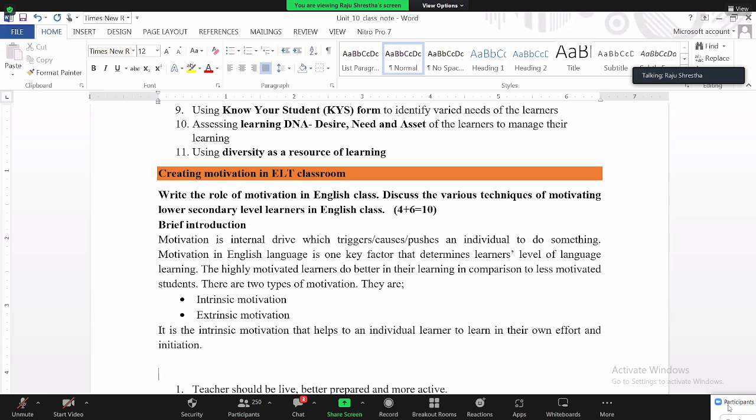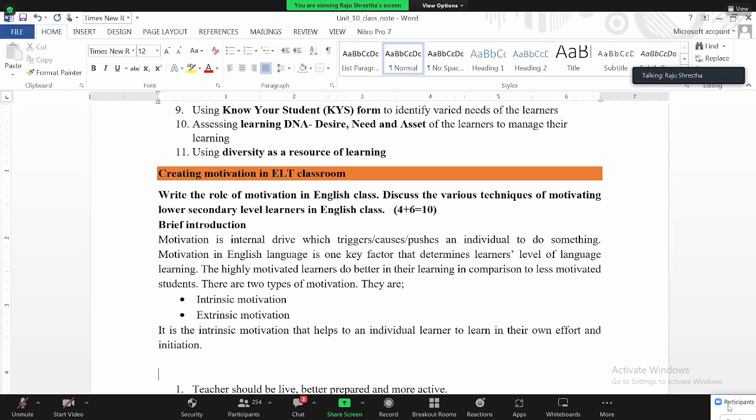So this is important. In extrinsic motivation, we provide some kind of physical rewards. Extrinsic is physical rewards, intrinsic is psychological treatment, and we appreciate, and we treat psychologically in intrinsic motivation.